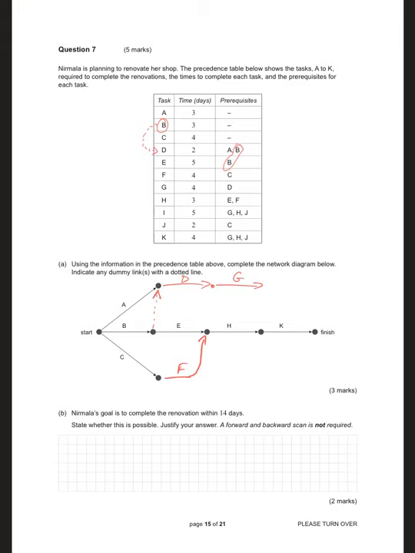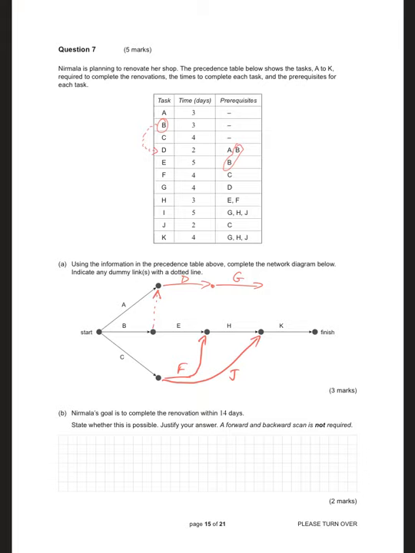Let's have a look at J. J requires C. And then K requires G, H, and J. I and K are both going to come out of G, H, and J. J requires C. So J is going to go here because K requires it.